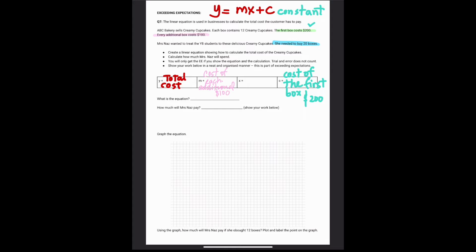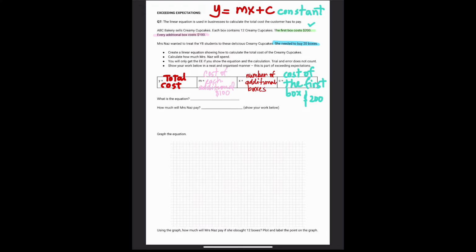The cost of each additional box does not change. It's always $100. But what changes is X, which is the number of additional boxes.